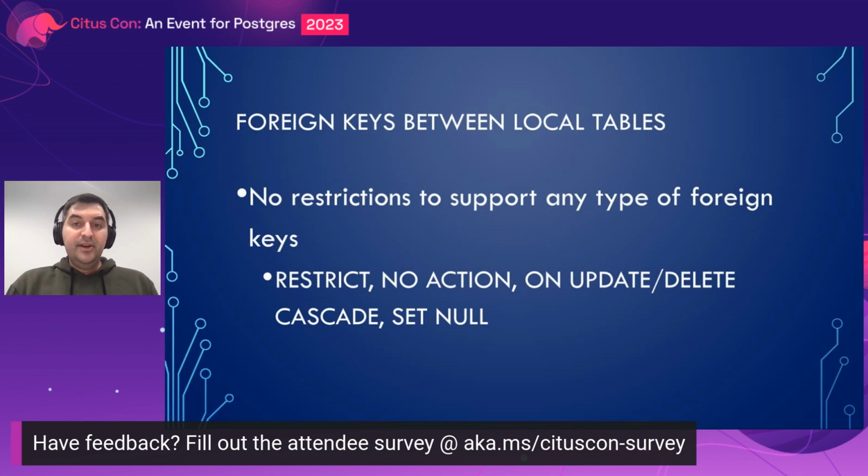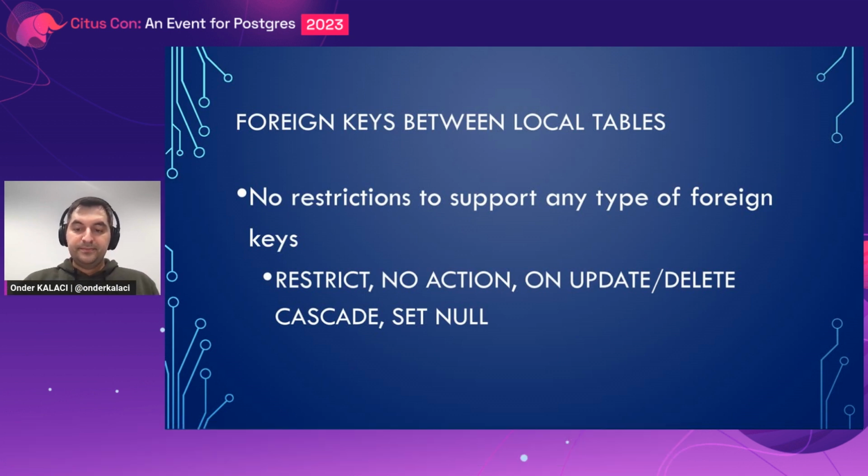We can very easily create foreign keys between the shards of the local tables and let everything be handled by Postgres. So there's really no restrictions. We can support restrict, no action, on update, on delete, cascade, and set null operations in this case.